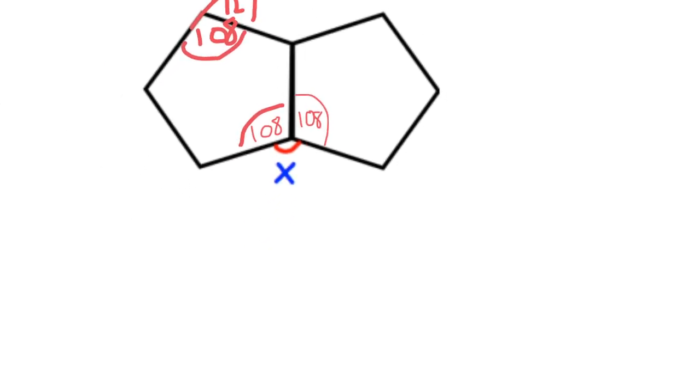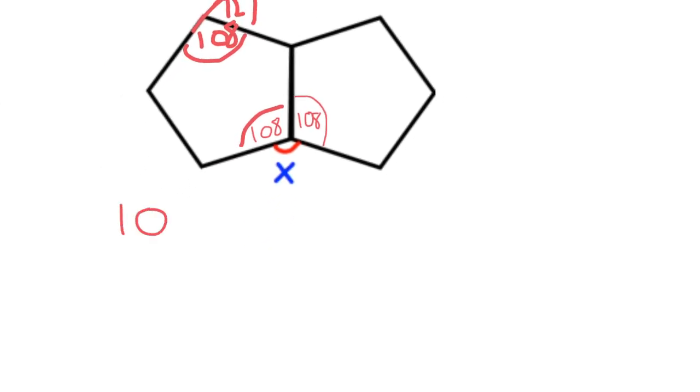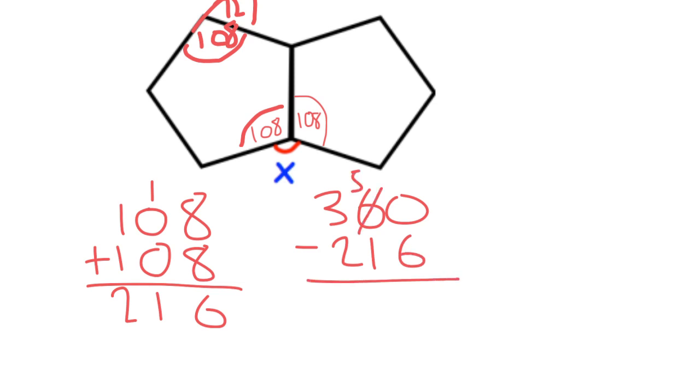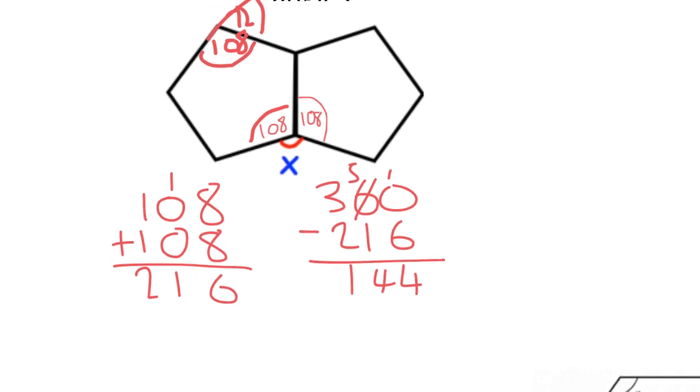And this angle would also be 108, because they're both regular pentagons. So I've got 108, add 108, which is 216. 360, take away the 216, is 144 degrees.